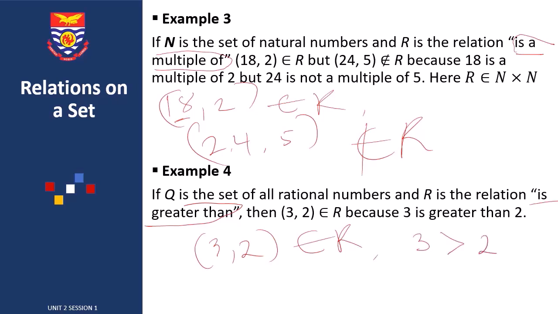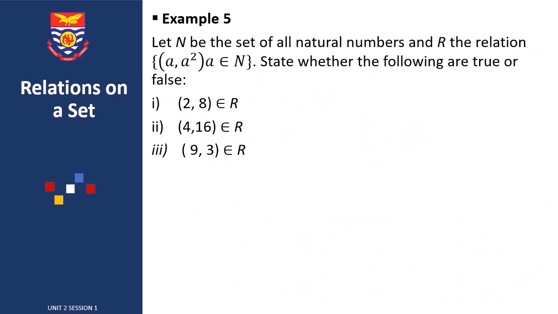What about when I write (10, 20)? Can you say it's a member of R? Certainly not, it's not a member. 10 is not greater than 20. So assignment: find out (-10, -2). Is -10 greater than -2? Example 15.